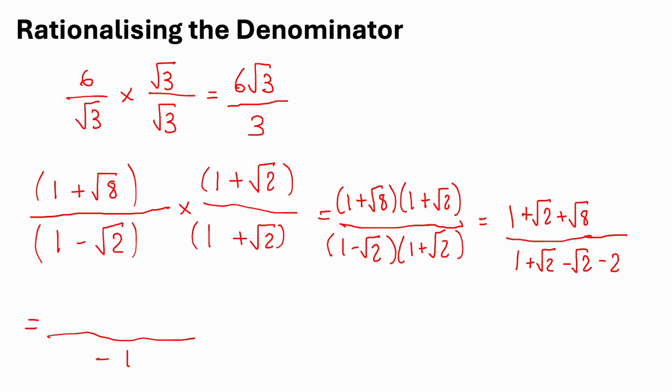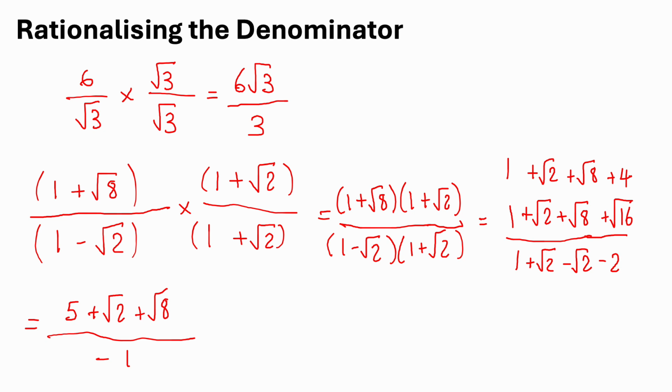And root 8 times by root 2 is positive root 16. Okay. Root 16 is the same thing as saying 4. So that's 1 plus root 2 plus root 8 plus 4. 1 plus 4 is 5.